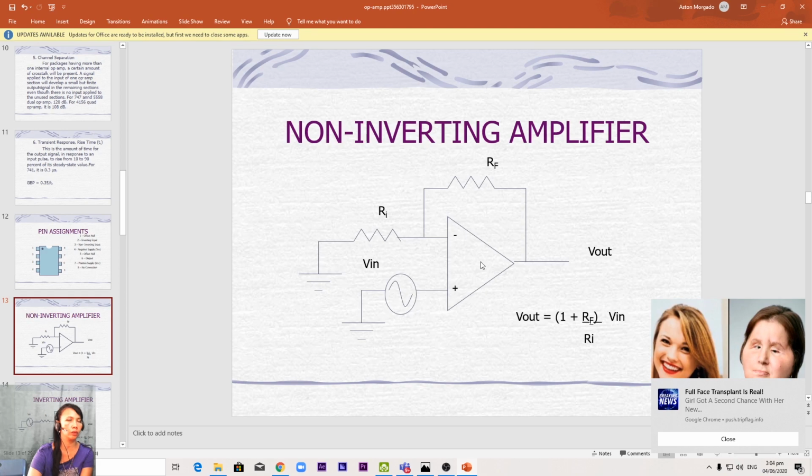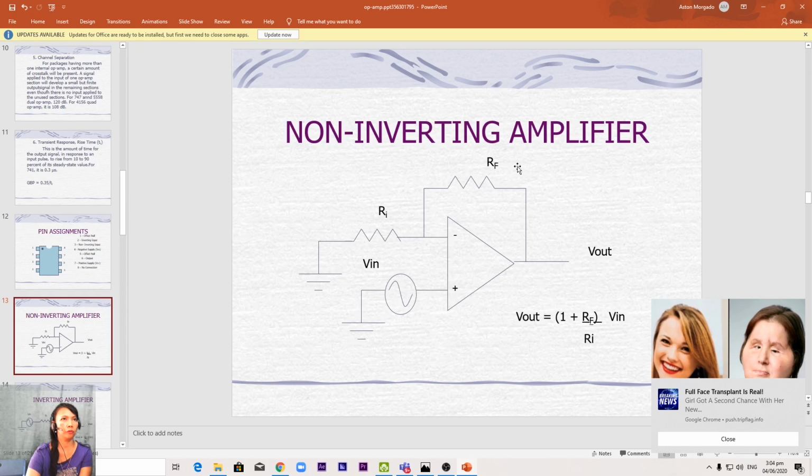So pin 2, pin 3, and pin 6. So this is generally the circuit for non-inverting. Take note that we have a feedback resistor here.